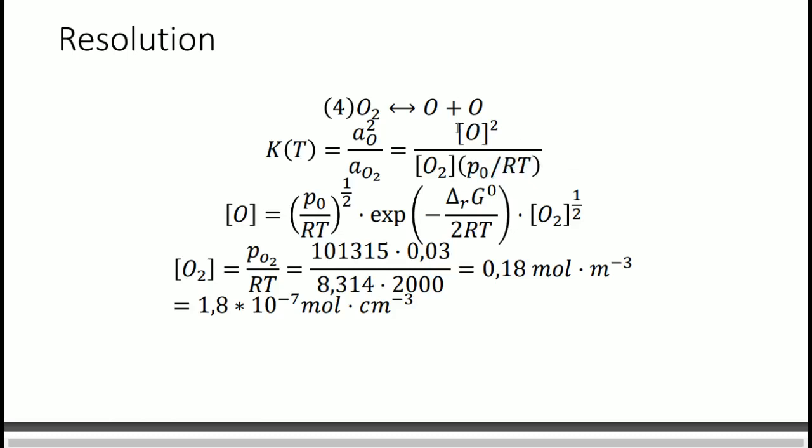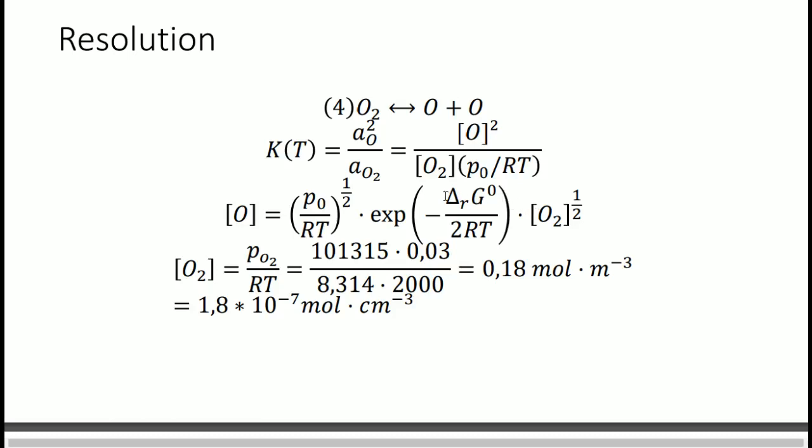You take this part, you simplify, you get this, and you replace K by the expression: minus delta rG0 is equal to RT ln K, because of various thermodynamics properties. So you get this, and the over 2 comes because we take the square root.